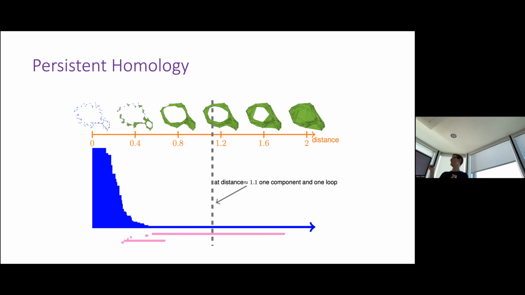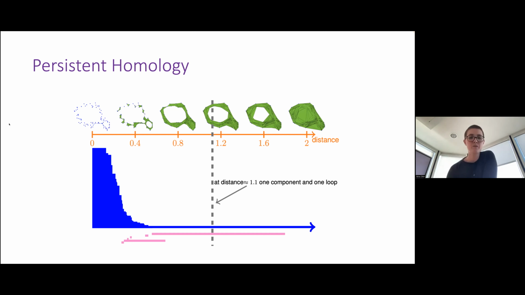So it would be thickening the points with increasing distance value, and we would obtain this filtration of spaces. With persistent homology, we can then study the connected components or holes and their lifetime across this filtration.